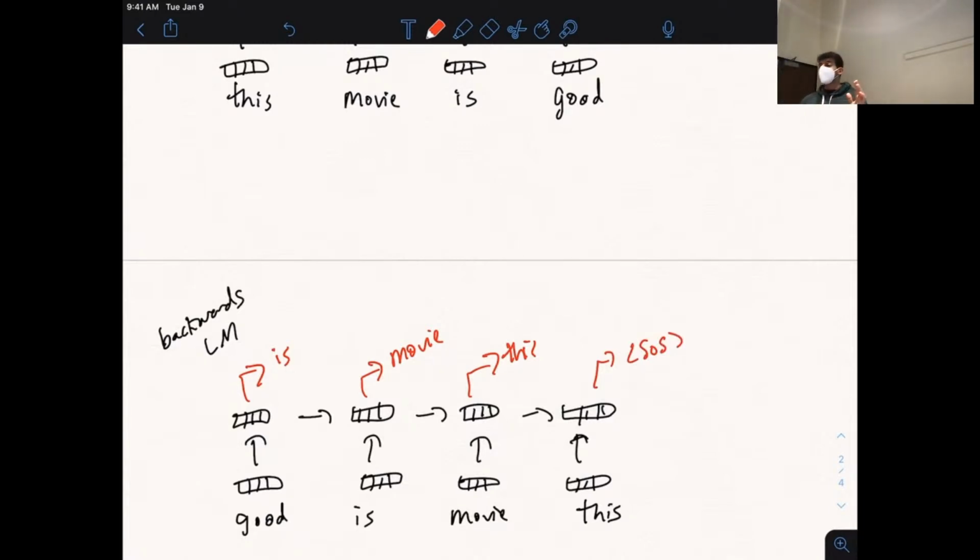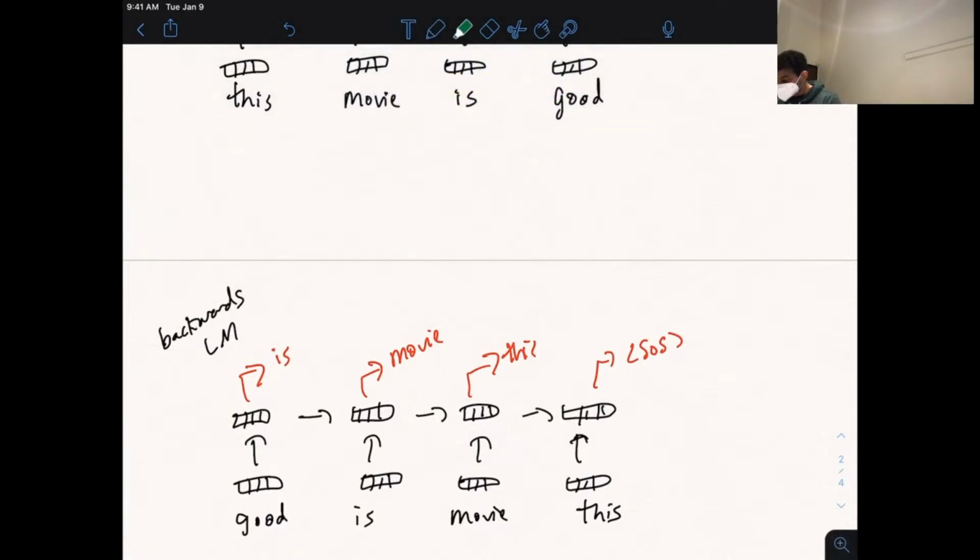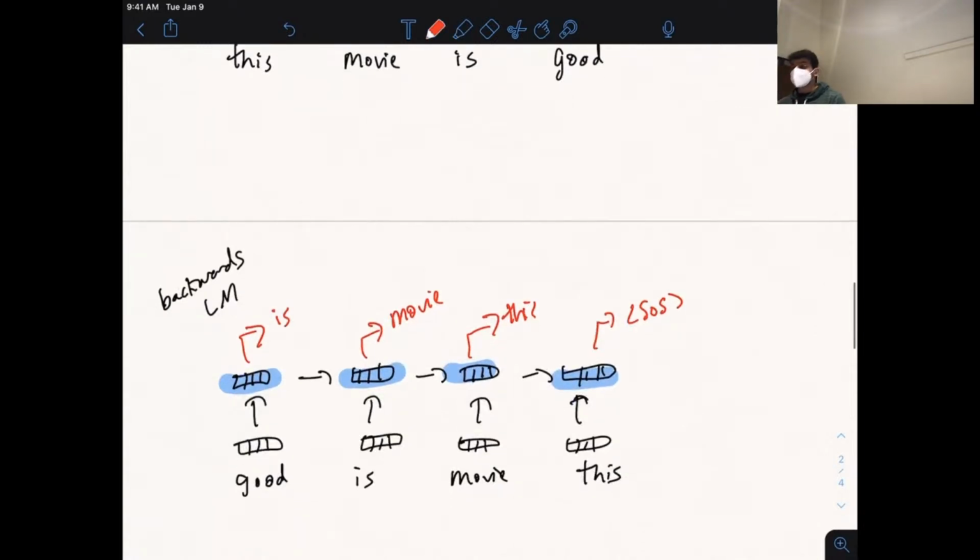So I have a forward LM, I have a backward LM, and maybe we can highlight this one with a different color. So given a sentence, I run the forward language model on the sentence, I reverse the words in the sentence and run the backwards language model.